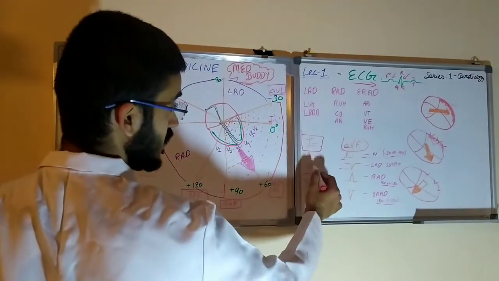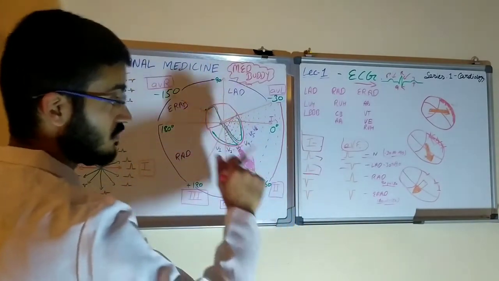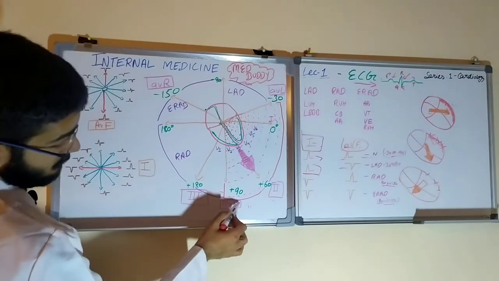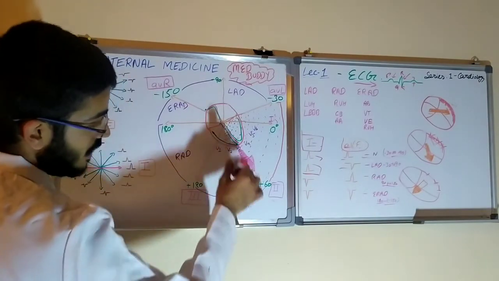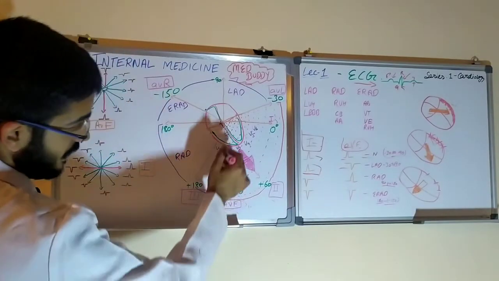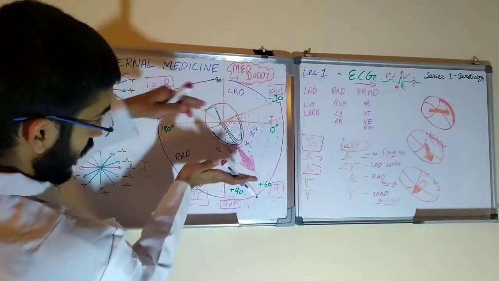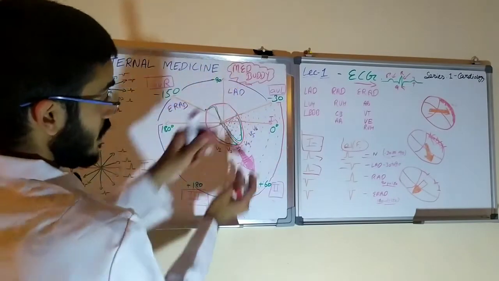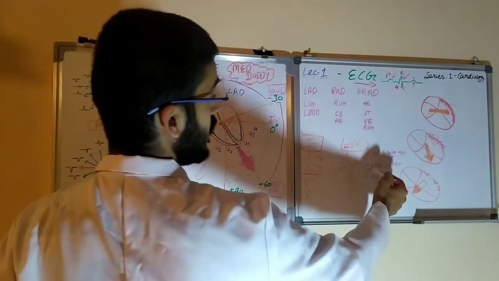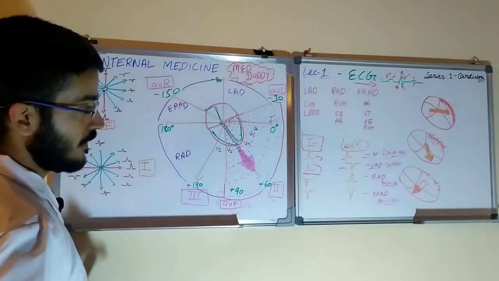That is why the first lead is positive and stronger, while the AVF, that is right in the vertical direction of the vector, because the vector has now shifted away from it, is going to become negative. So we can say it is the left axis deviation.